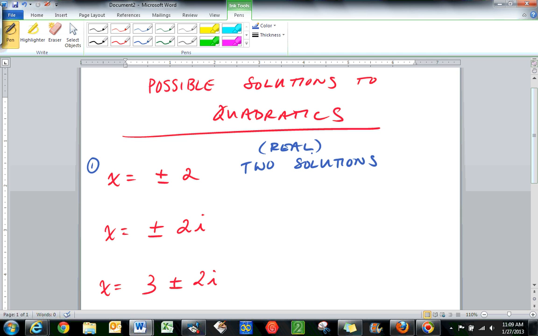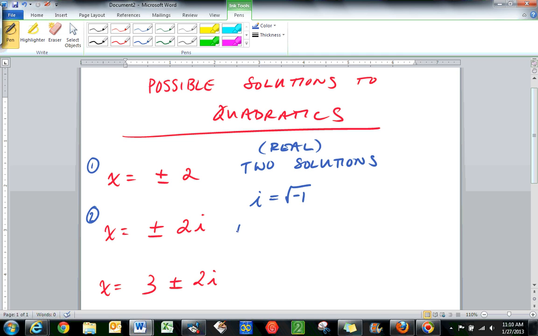Then we added the idea of the imaginary unit. So we said, okay, if we end up with a negative square root, we understand that i equals the square root of negative 1. And so in this second example, we end up with plus or minus 2i.